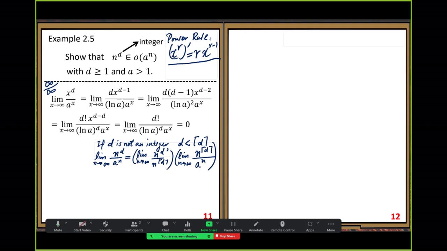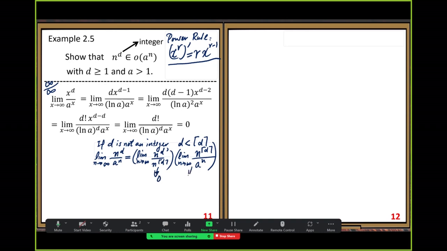Now, what is the limit of each factor in the product? For the first, the exponent of the denominator is greater than the exponent of the numerator, so it's 0.